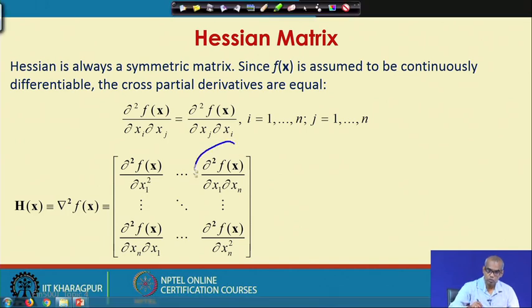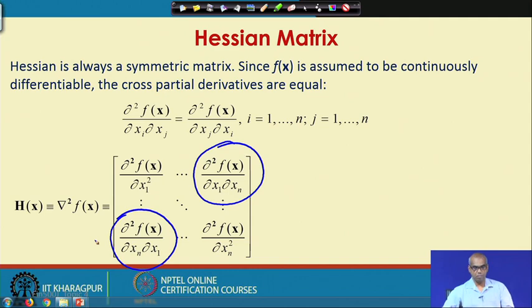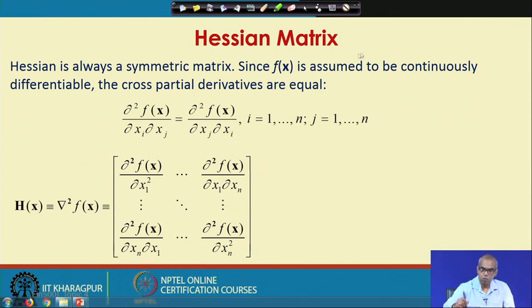Here also you can say these are the same, these cross partial derivatives are equal. So, the Hessian matrix is a symmetric square matrix.